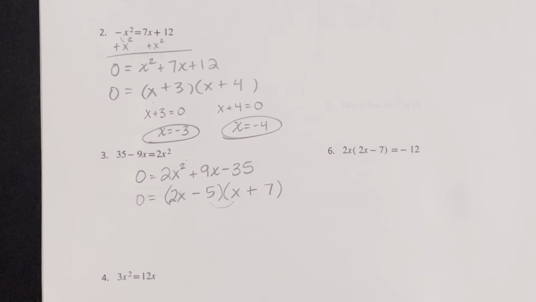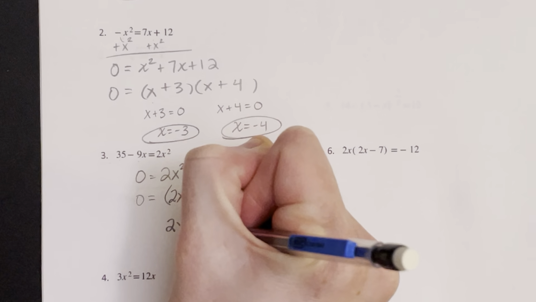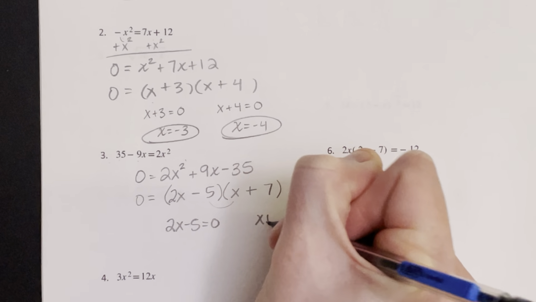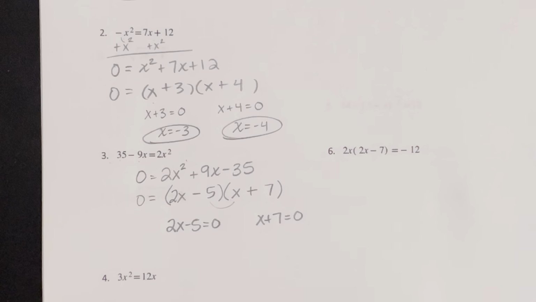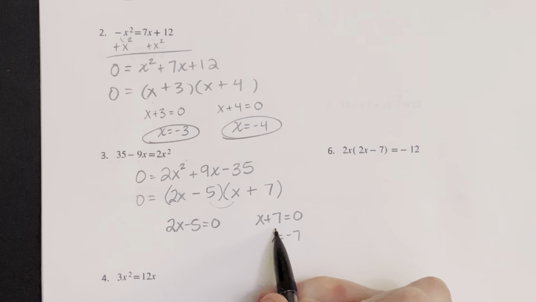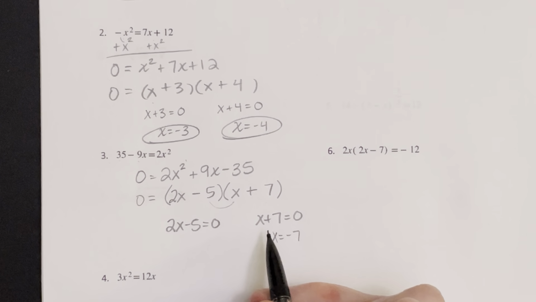We set each factor equal to 0. So 2x minus 5 equals 0. X plus 7 equals 0. One common thing that I see students do is just try to take the opposite sign and say, oh, x is negative 7, which is true, but what we're doing is solving this equation, x plus 7 equals 0.